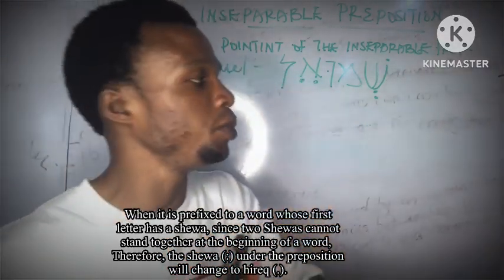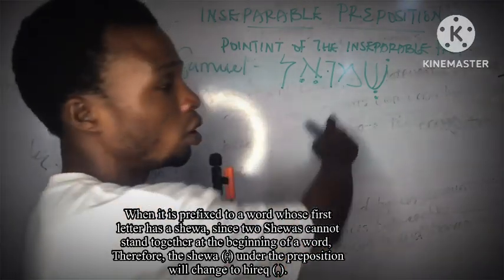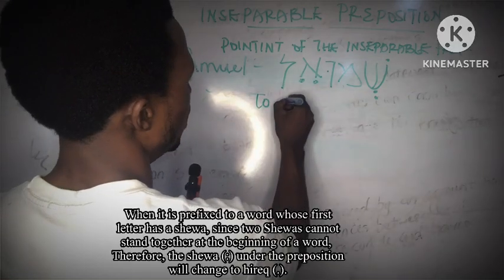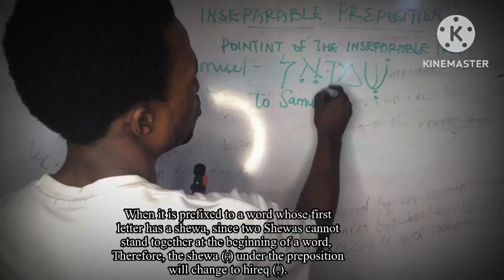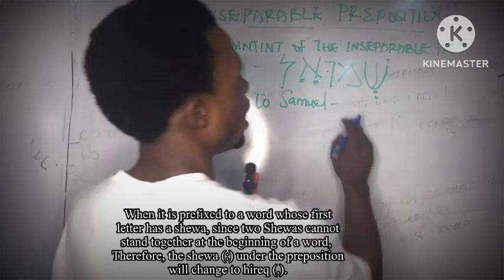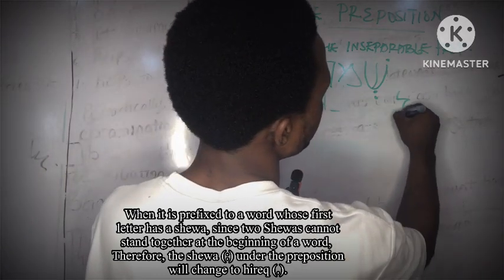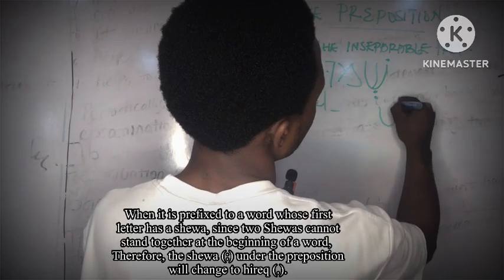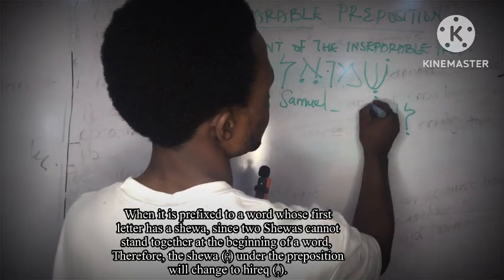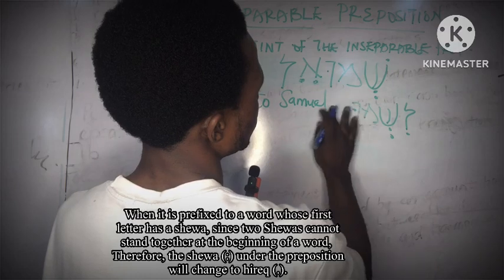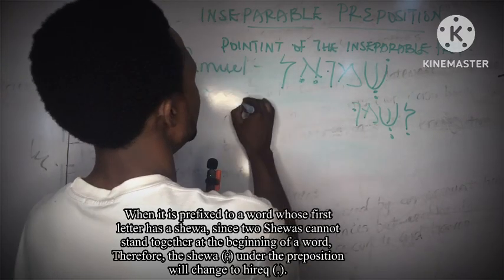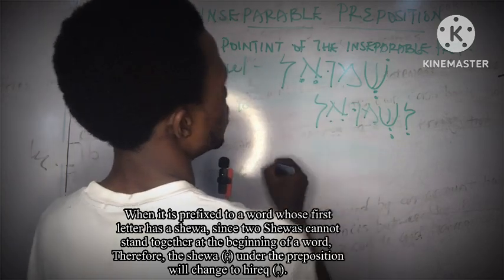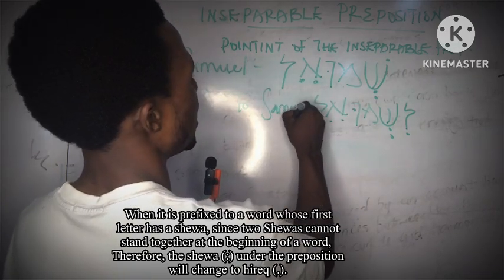Now let's be practical. This is the root word, right? So we want to say "to Samuel." Applying that rule, it will now become Lishmuel, to Samuel.